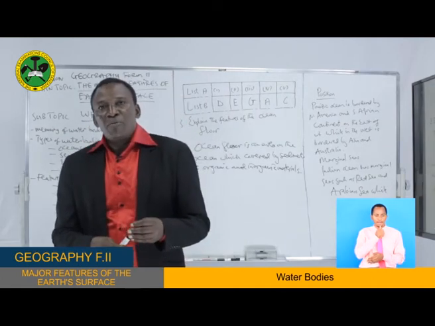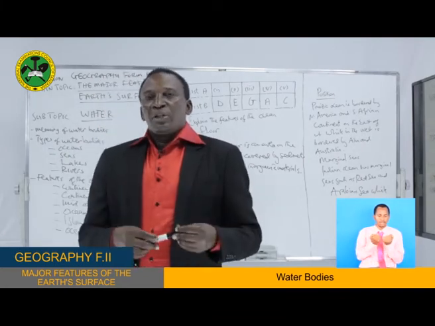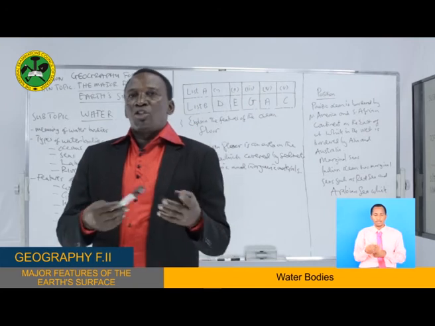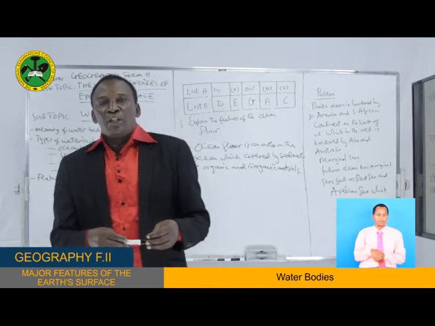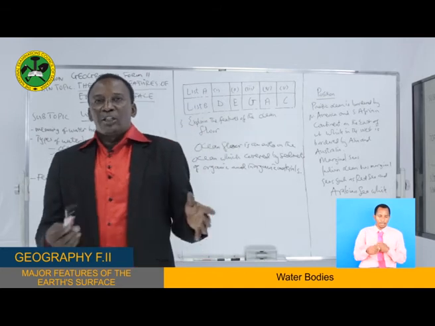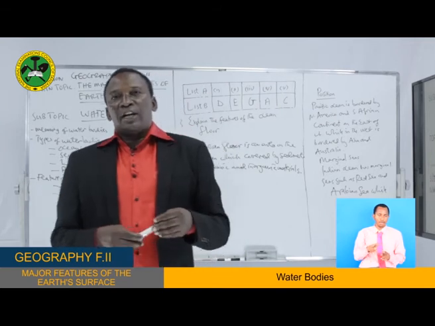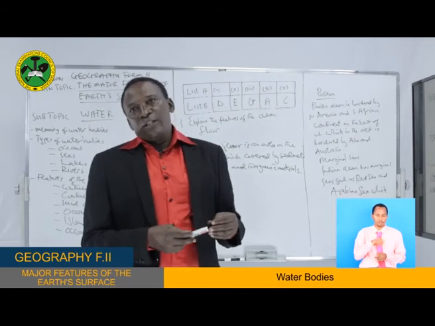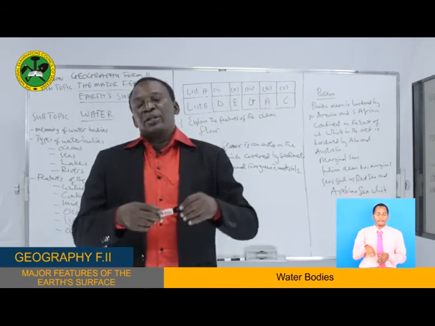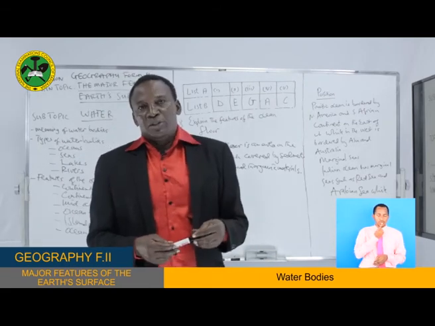When the ice is formed on the oceans, it does not take the salt with it, so the salt is left in the oceans. Therefore, these are factors by which you can differentiate that some of the oceans have more salt water, others do not, depending on those few factors I have mentioned.